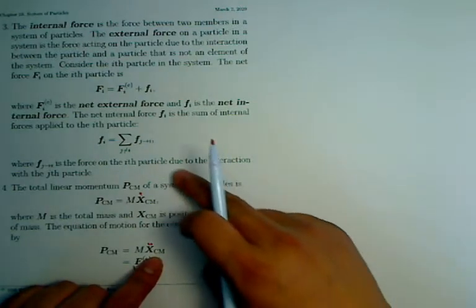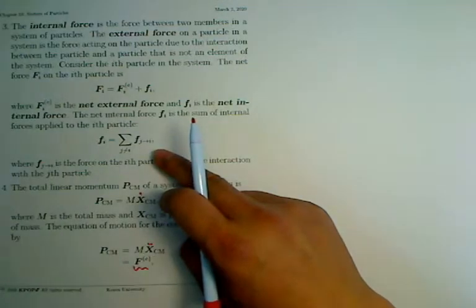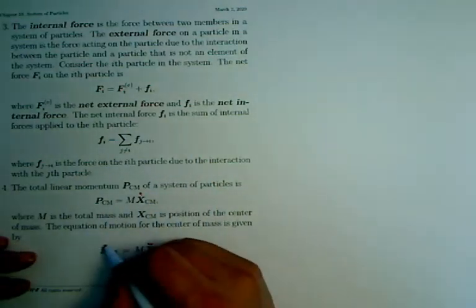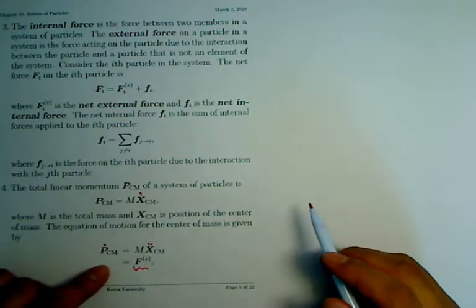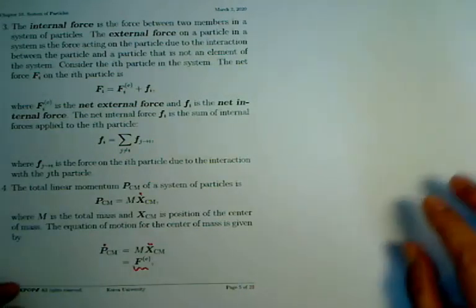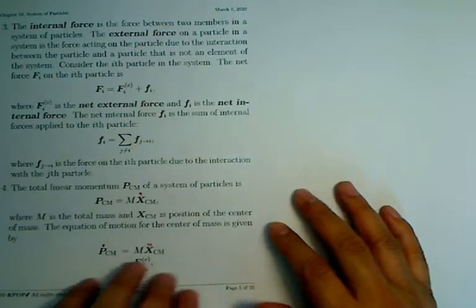However, all of the internal forces cancel if we sum over the system. Therefore, the force on the center of mass is the sum of the net external force, and the internal force sum does not give any change in the total linear momentum.